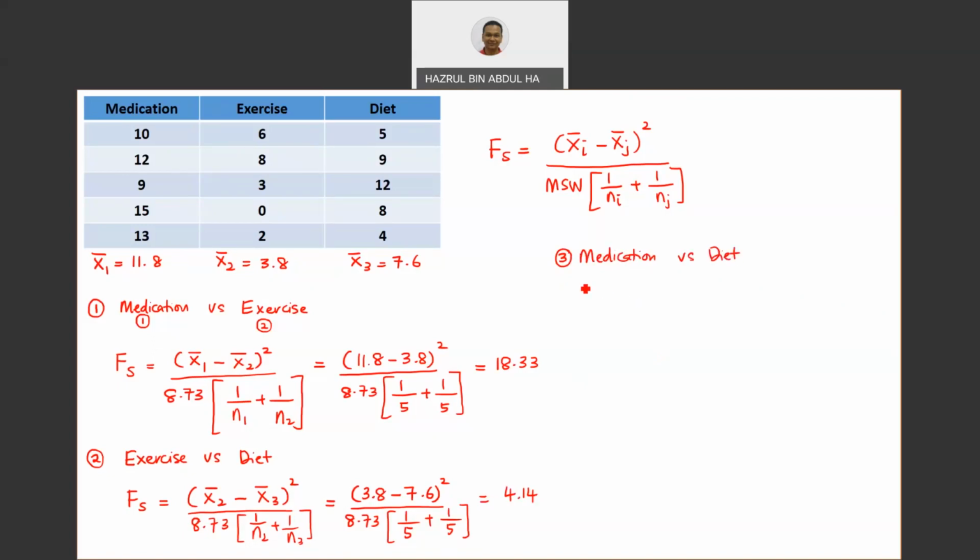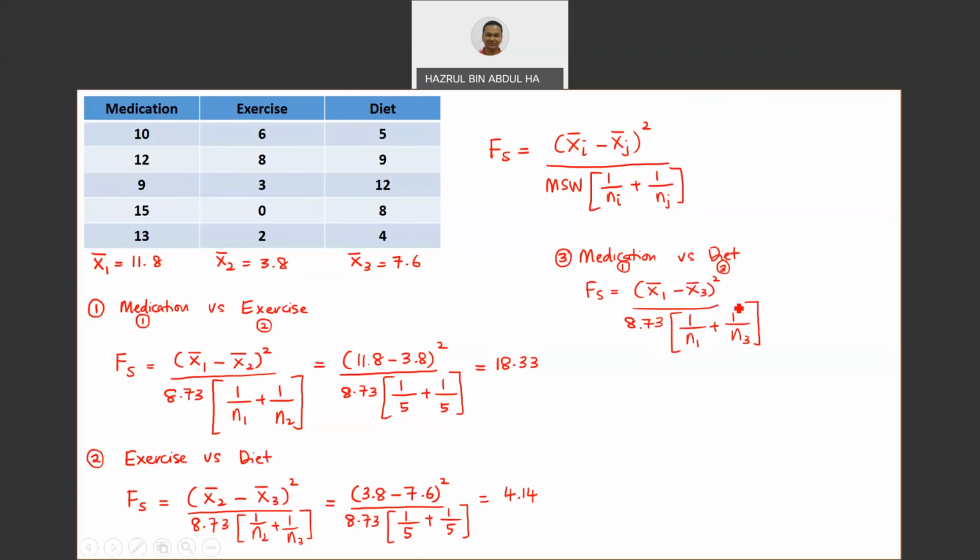So Fs is equal to, medication is the first group and diet is the third group, x bar 1 minus x bar 3 squared, divided by MSW, 8.73, multiplied by 1 over N1 plus 1 over N3.